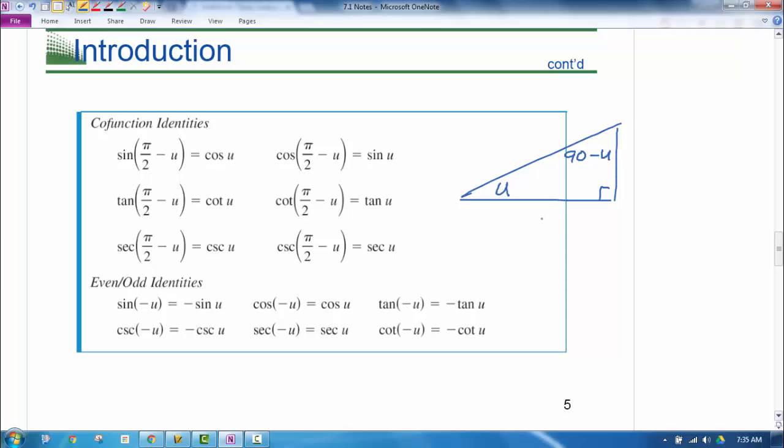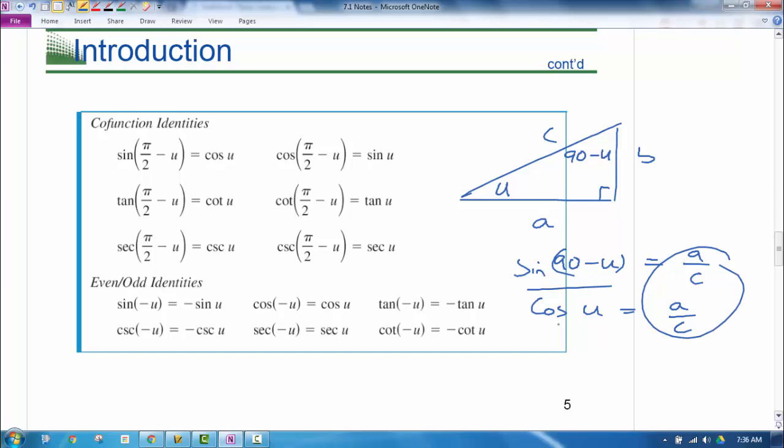And so if you label this side A, this side B, and this side C, for example, then the sine of this angle up here, 90 minus u, would be opposite over hypotenuse, so it would be A over C. Well, if you look at cosine of angle u down here, then cosine of u from this triangle would be adjacent over hypotenuse, which is also A over C. So you'll notice that they are the same. They're complements of one another. Basically, these are complementary identities from the fact that cosine and sine are really just ratios of a triangle. So all these identities hold true. We won't use those as much, though.